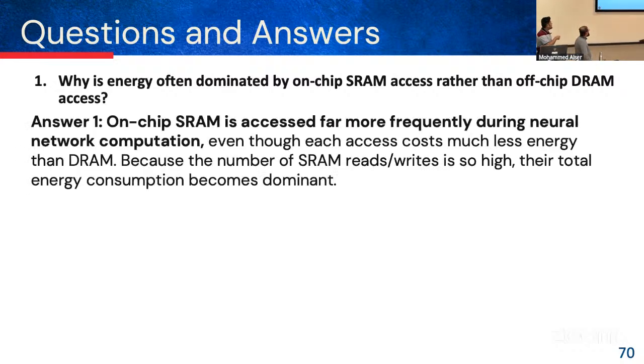I also answered the same question in the previous presentation. Sometimes we think that accessing DRAM is too costly, but even if we access too much data stored in the on-chip SRAM, it will also create overhead in memory and energy.